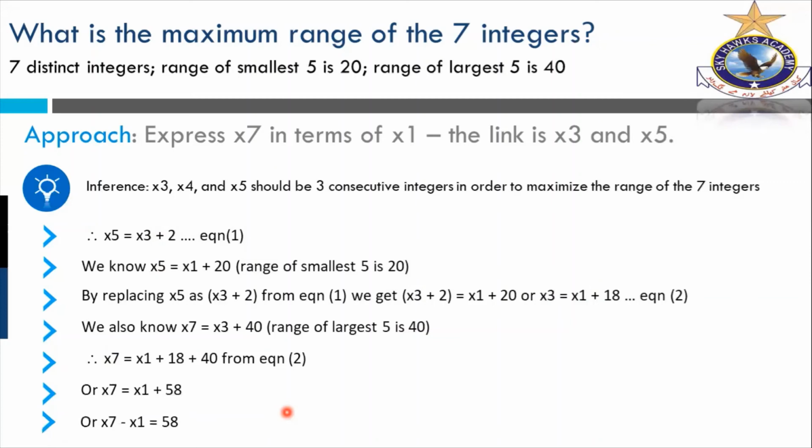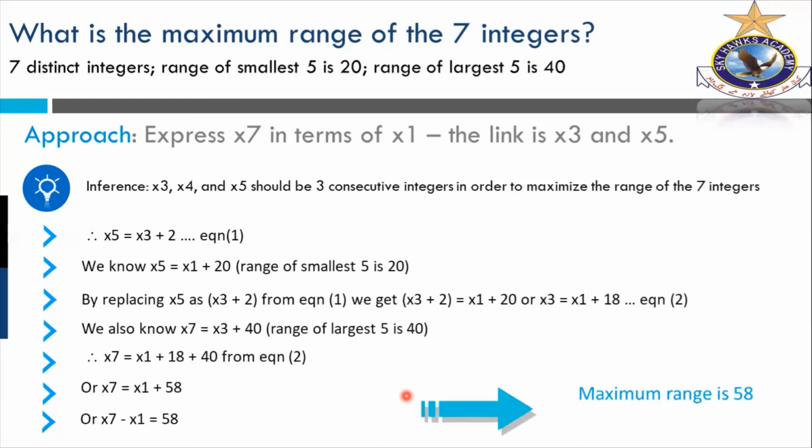So this is x7 minus x1, that is 58. And by definition, the range is simply the difference of the minimum and the maximum values. So the maximum range is 58. This is the answer of this problem.